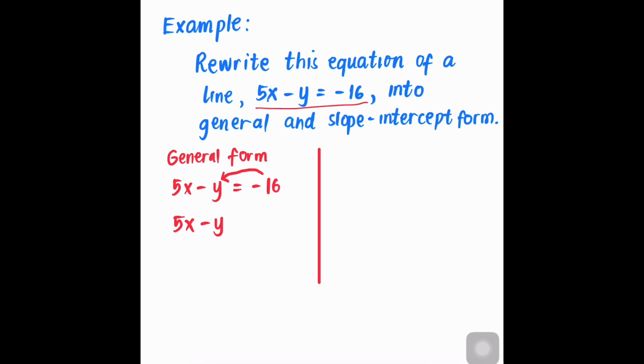Like in this case, we have negative 16 right here. If we're going to move it to the left, it's jumping over the equal sign. So from negative 16, it will become positive 16.